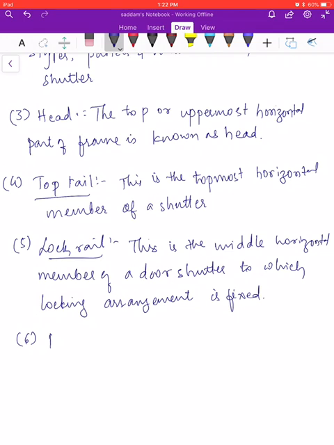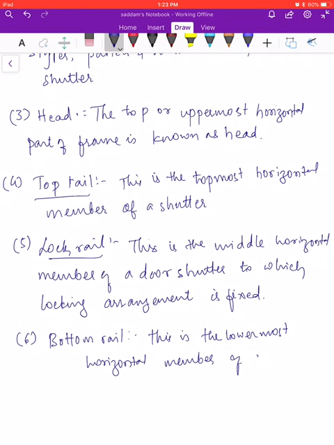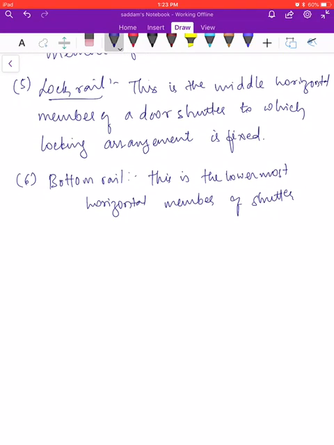Then we have the bottom rail. This is the lowermost horizontal member of a shutter. And then we have panels.